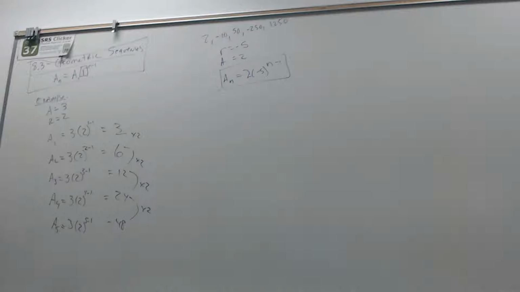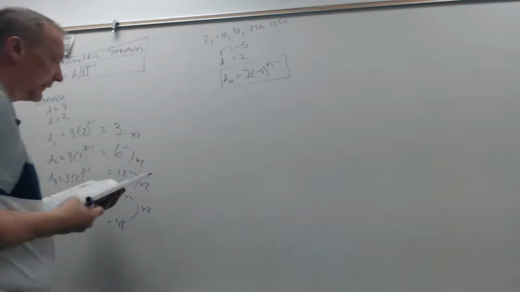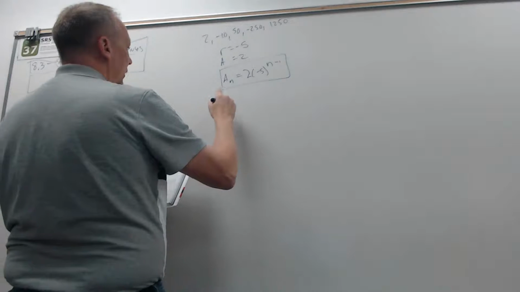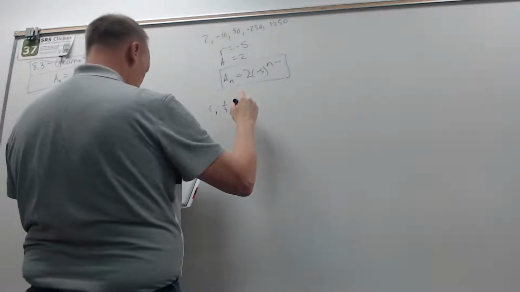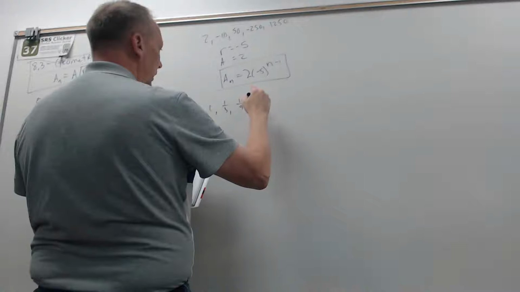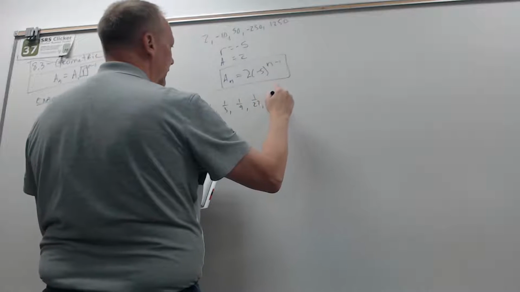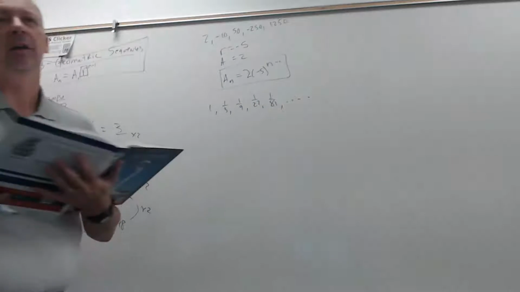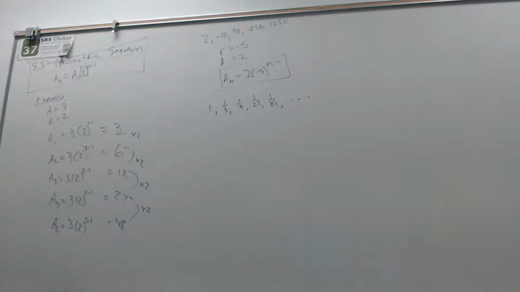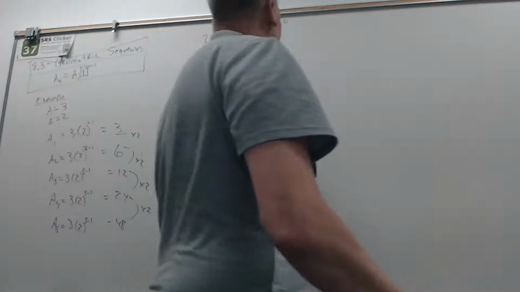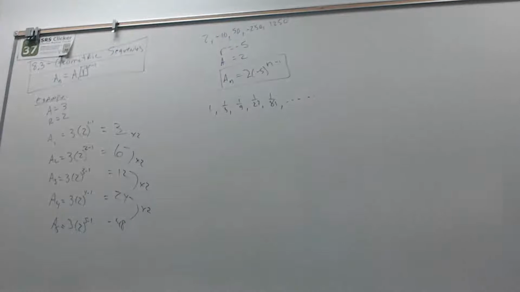That make sense? Okay? How about if I have a sequence 1, 1/3, 1/9, 1/27, 1/81, etc. Cameron, can you tell me, does that look like a geometric sequence to you?